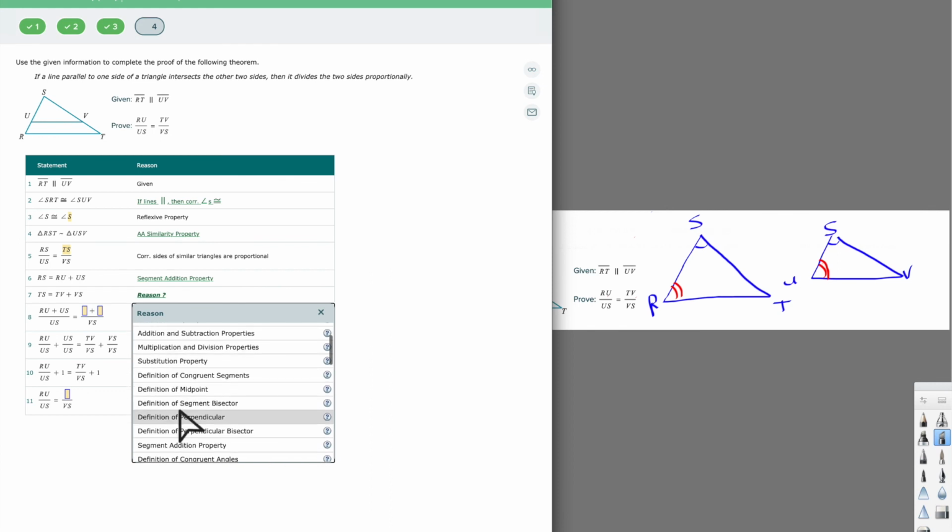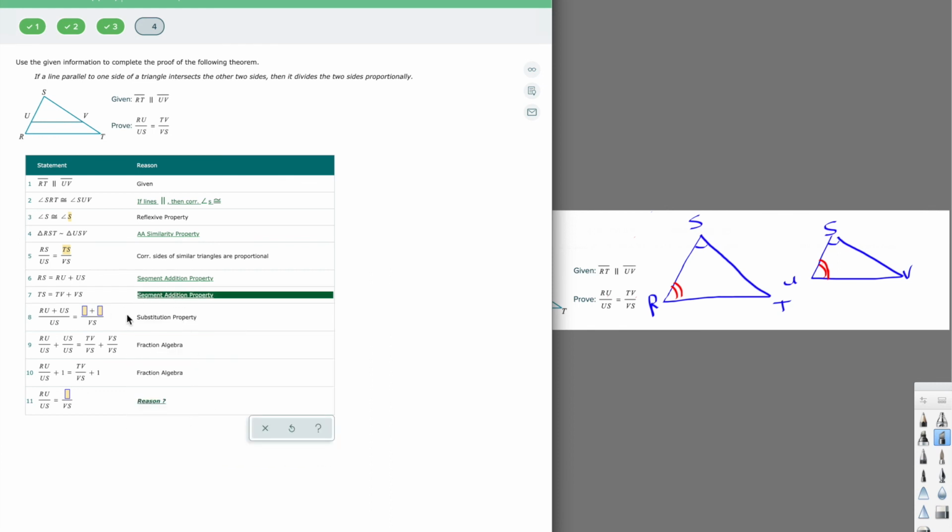Okay, so now what are they doing? Substitution property. So I have a clue as to what they're doing here when we have fill in the blank. RS plus US over US. If we go back up to step 5, we had a proportion that was RS over US. And now they've changed it. It's still over US, but now it's RU over US. Well, in step 6, we showed that RS, which is this guy, is equal to RU plus US.